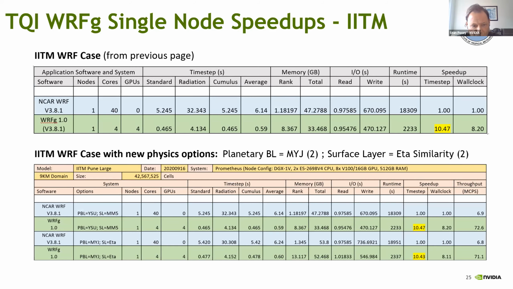But then later, TempoQuest actually developed the full CONUS physics suite on the GPU. The 2 missing physics options were the MYJ PBL and the Eta similarity scheme for surface layer. And you can see once those are implemented, we're able to achieve the same level of performance, the 10.5x speed up that we saw earlier.